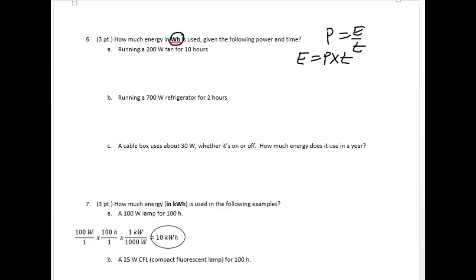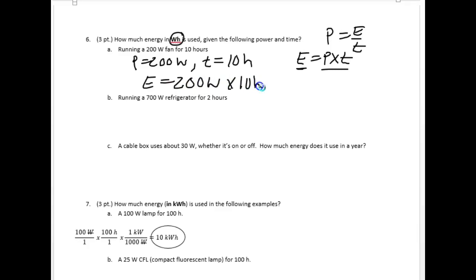So this one, I just have my power is 200 watts, my time is 10 hours. I think it's good to write out what you know first, and then insert your equation, right? So I'm looking for energy, so I just multiply these two together. So my energy is just simply 200 watts times 10 hours, which is 2,000 watt hours, and that's it, okay?